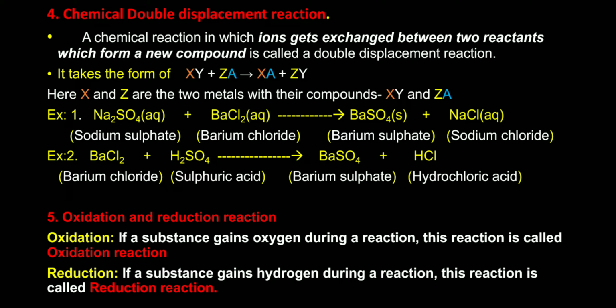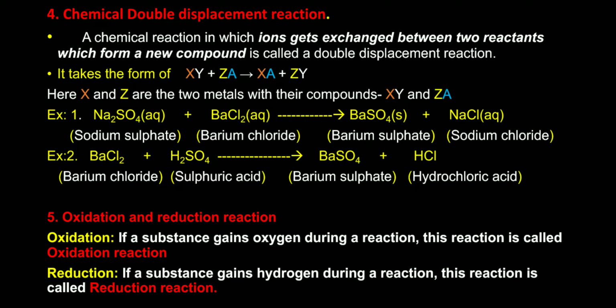Example number 1: Na2SO4, sodium sulfate, and barium chloride. When these two compounds react with each other, there is a formation of barium sulfate and sodium chloride with the exchange of the ions.